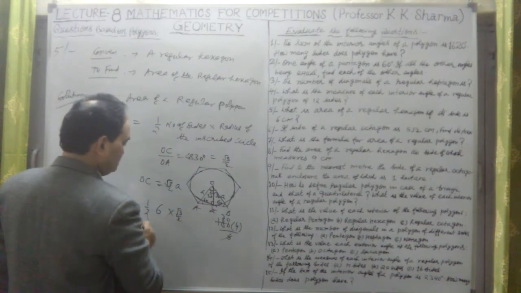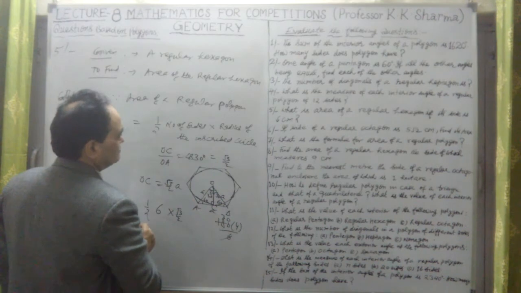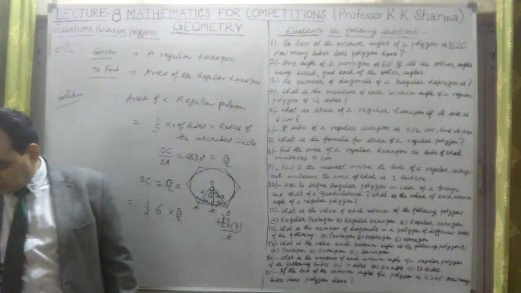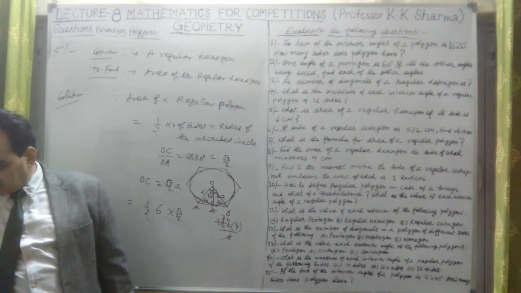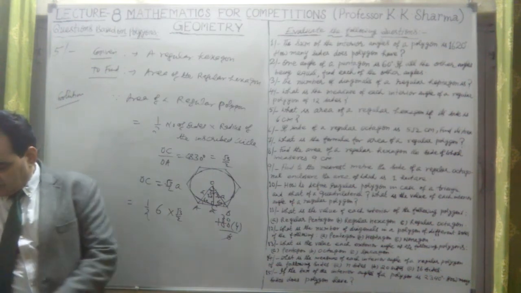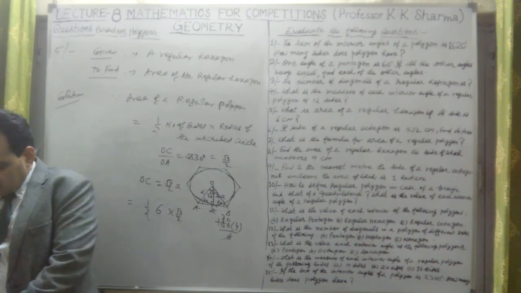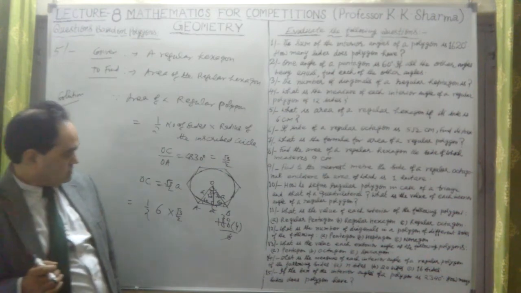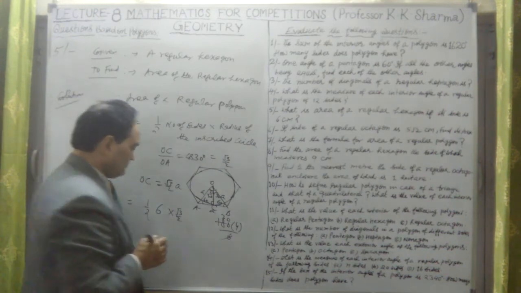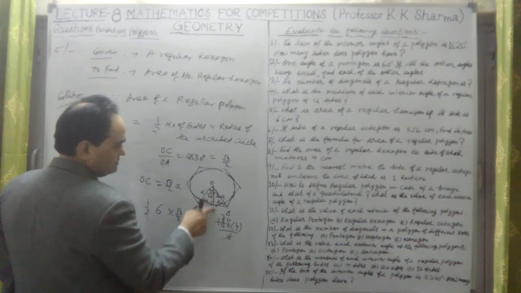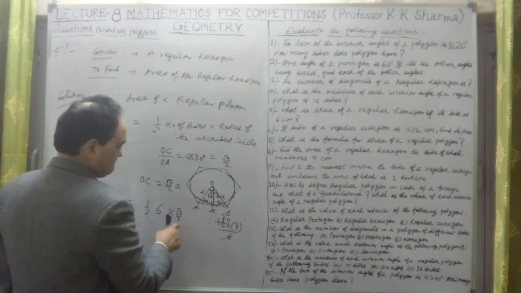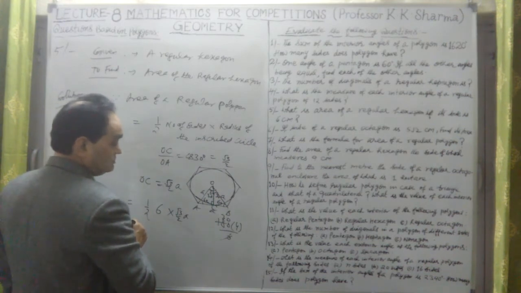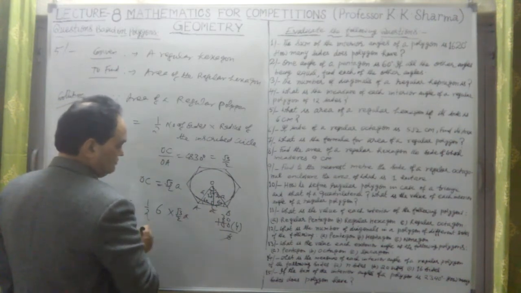by 2 into A. Is area 1/2 into number of sides into radius of the inscribed circle? Area of a regular polygon is 1/2 into, and if I take this value, now this radius is A root 3 by 2, but this is side square, I think, A square.